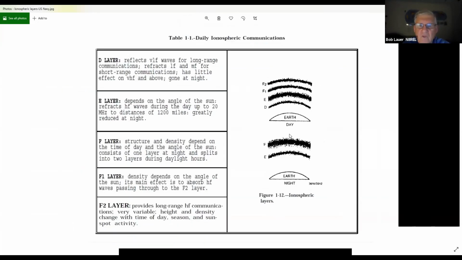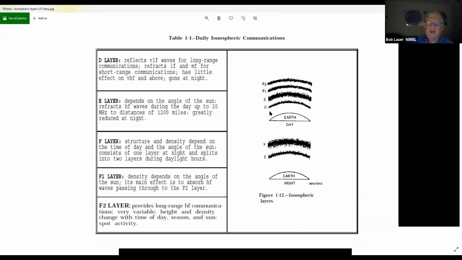Okay. During the day, you've got 4 layers to the atmosphere. Actually, some people will say there's 5. Some people will say there's a C layer. But anyhow, you've got this D layer, the closest to the Earth, and this D layer, for us technicians, really has no effect.